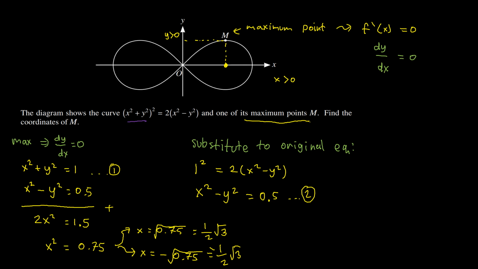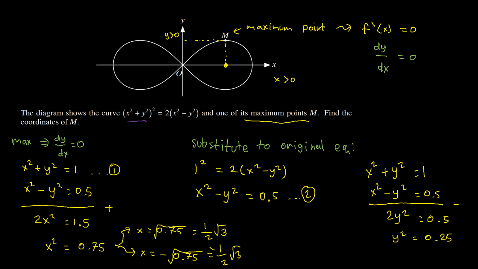Okay, and to find y, we use the same process again. So we'll have x squared plus y squared is equal to 1, and then x squared minus y squared is equal to 0.5. But this time we subtract each other, so we'll have 2y squared is equal to 0.5. So we'll have y squared is 0.25, or y is 0.5, or y is minus 0.5.